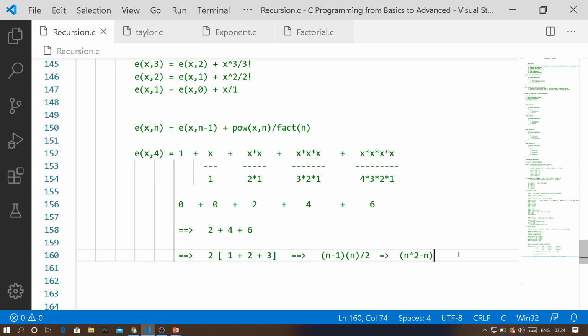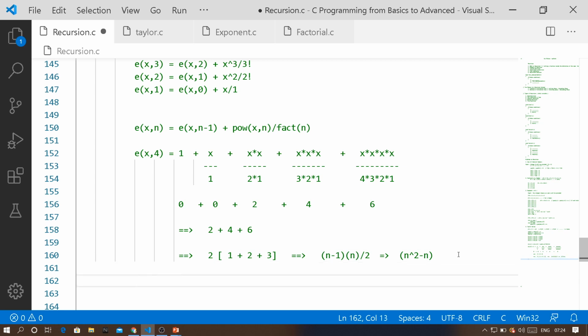We are going to see optimization method 2, and this optimization method 2 is using Horner's rule. What is Horner's rule? We will get to know about it.